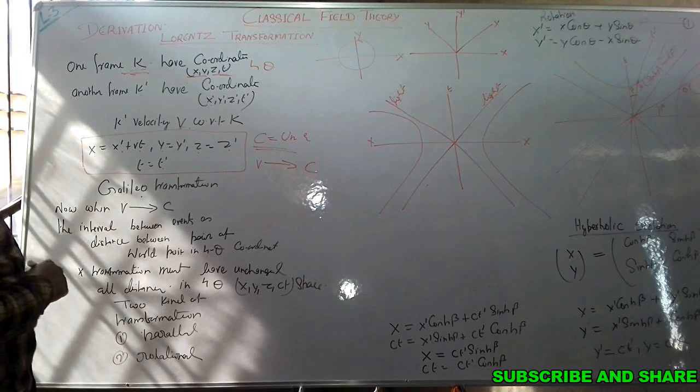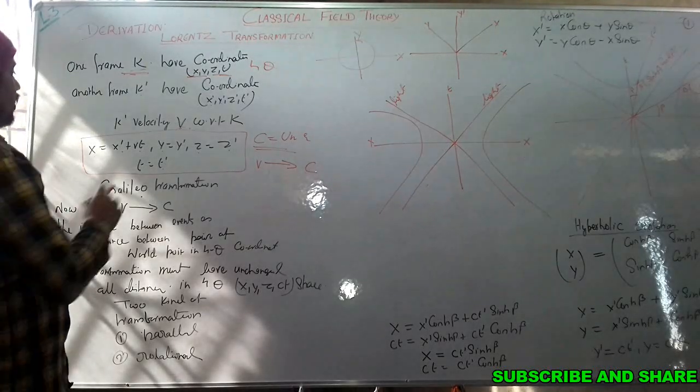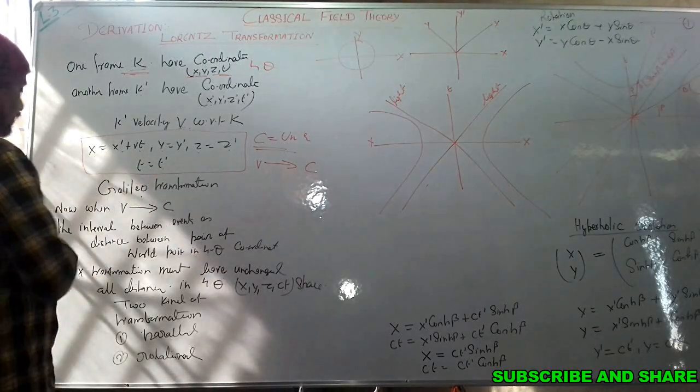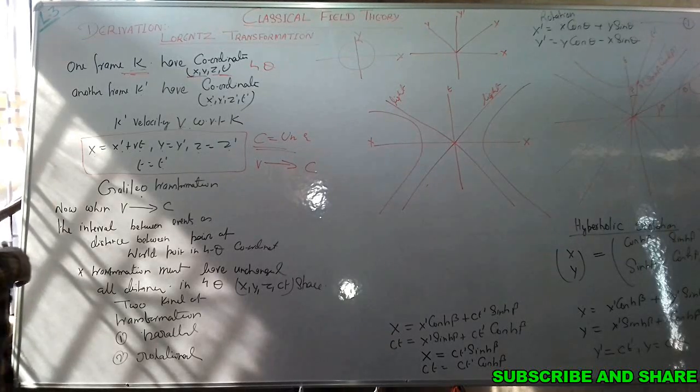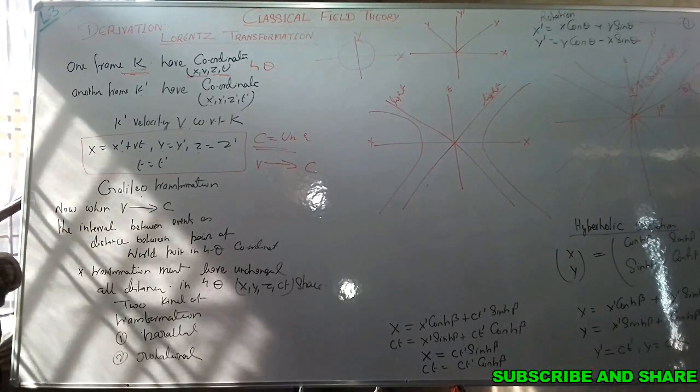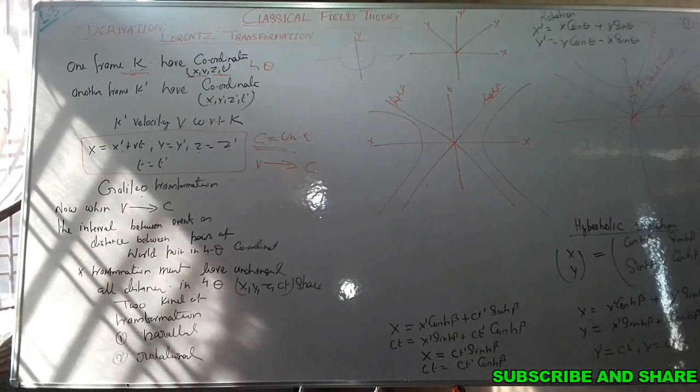So the transformation law in this condition will be different from the Galilean transformation. How do we find the correct transformation law from one reference frame to another reference frame?